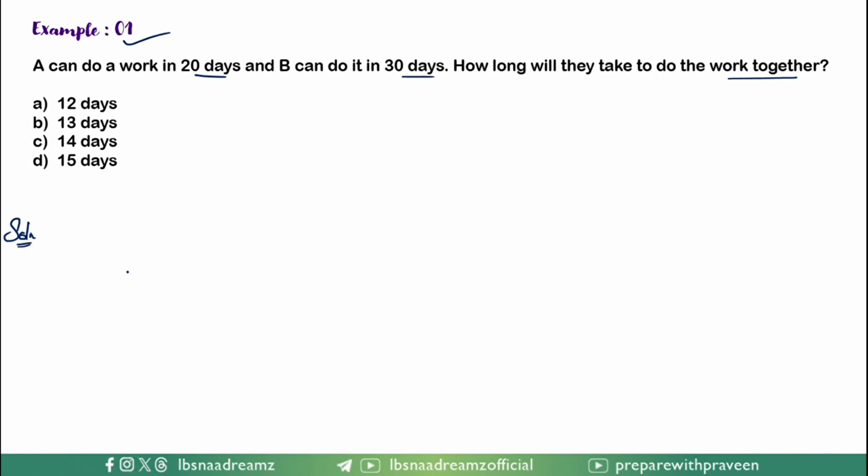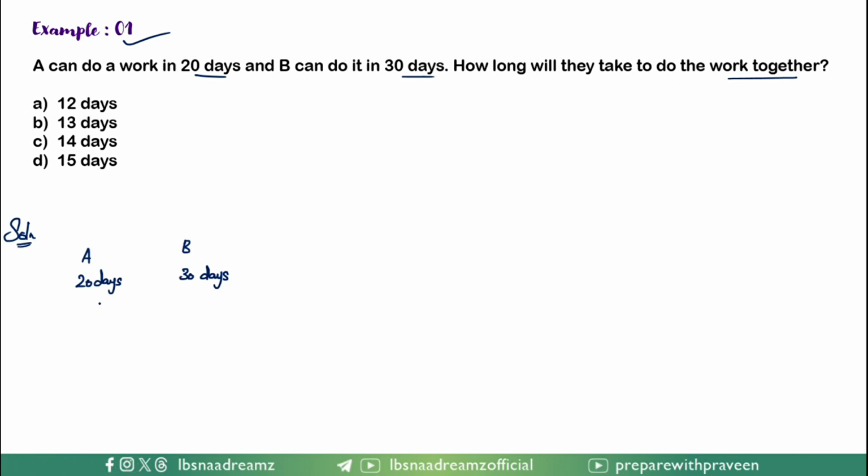From the question, we know A can complete the work in 20 days. B can do the same work in 30 days. So we need to find how long they will take to do the work together.